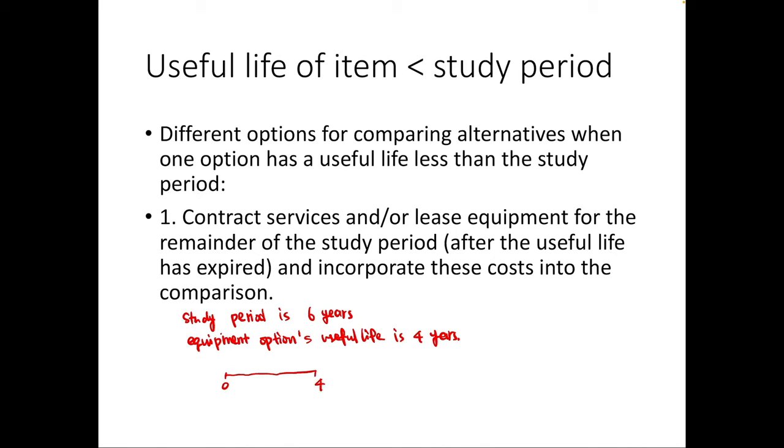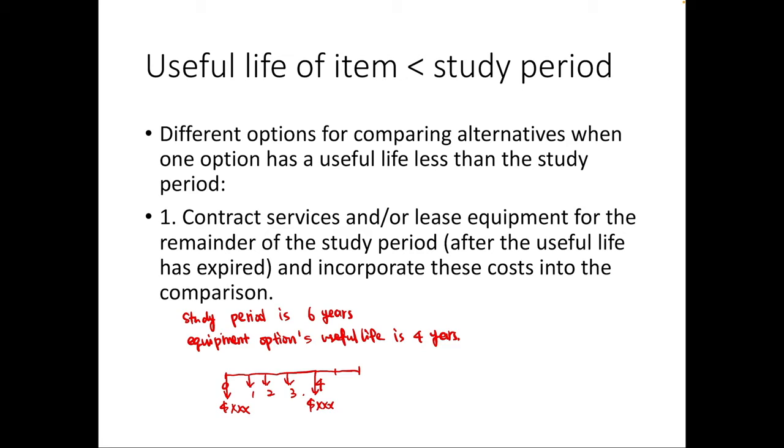So for example, this is 0 to 4 years. For the equipment, you might pay some dollars at the beginning, and then you have maintenance fees. Then you assume that at the end of the 4 years, you need to lease, for example, a new one. So for leasing, you need to pay another amount, and then you can use it for another 2 years.